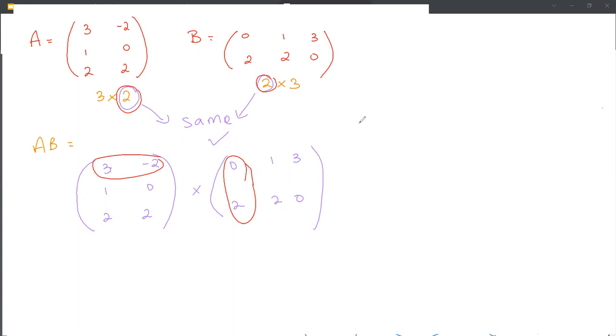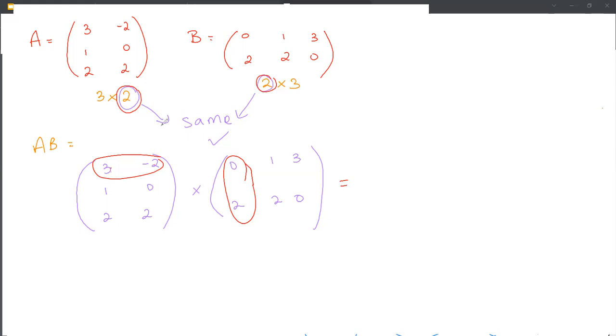Then remember our little sing-song. First times the first plus the second times the second. If it happens that you have 3 elements in it, then you're going to go first times the first plus the second times the second plus the third times the third. So if there are 3 elements within the row or within the column, then you just add on the third times the third.